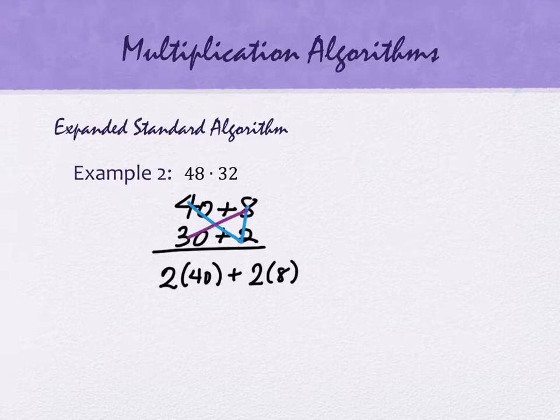I'm going to have a 30 times 8 and a 30 times 40 in whatever order you'd like. So plus 30 times 8 plus 30 times 40. So we're expanding the number 48 into 40 plus 8. And then we're doing all 4 pieces of the multiplication that are really present.